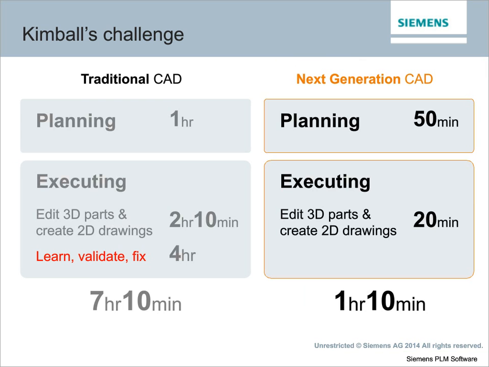So using the Next Generation CAD, Kimball is able to reduce the total time taken down to 1 hour and 10 minutes for the same activity. And one of the key benefits of the Next Generation CAD is that it completely eliminates the time needed to learn, validate, and fix errors, which are often present in reusing parts using traditional CAD.